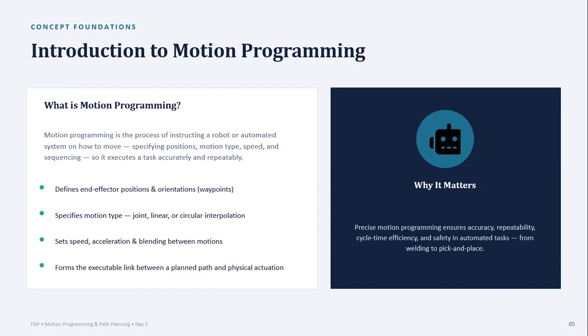Motion programming bridges the gap between planning and physical execution. Accurate programming improves precision, repeatability, productivity, and operational safety, making it essential in welding operations, assembly, painting, and pick and place operations.